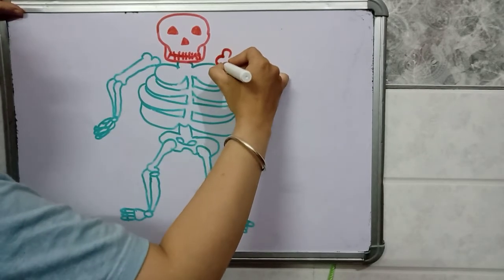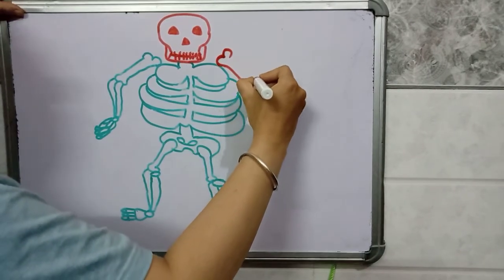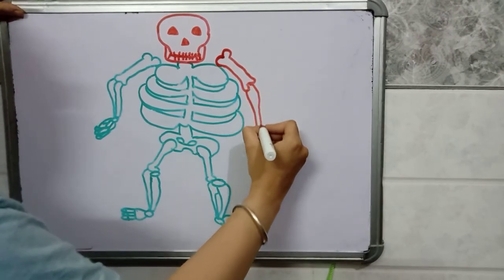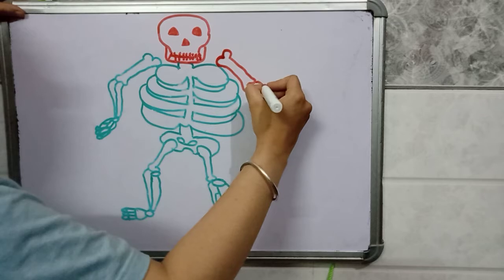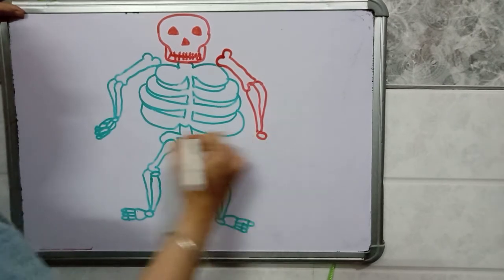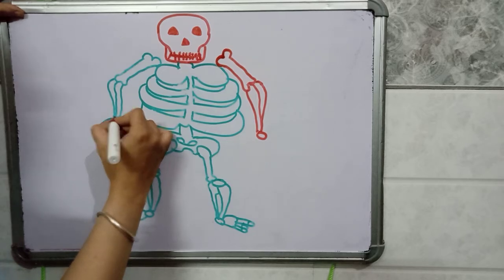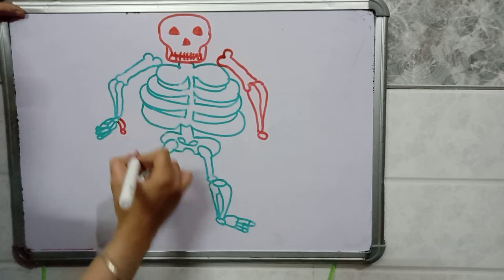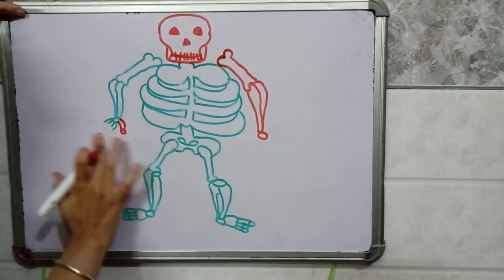Again draw the similar pattern. Here are the bones which support our thumb. Again I am drawing this.